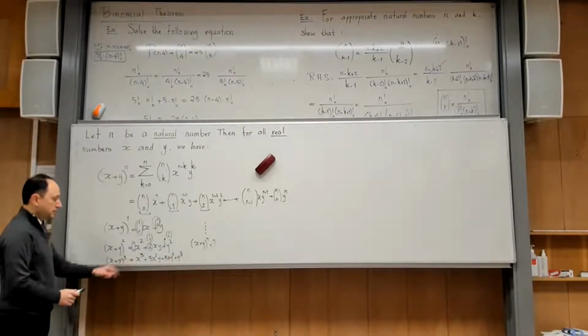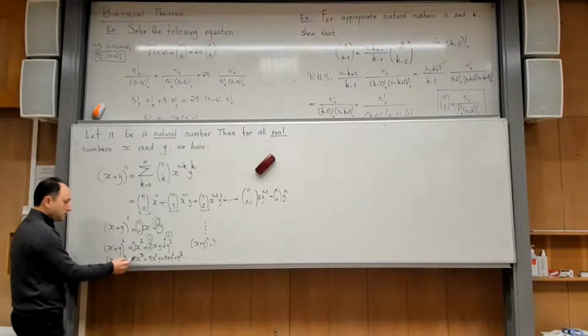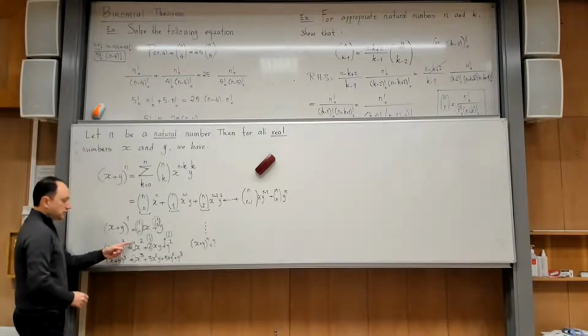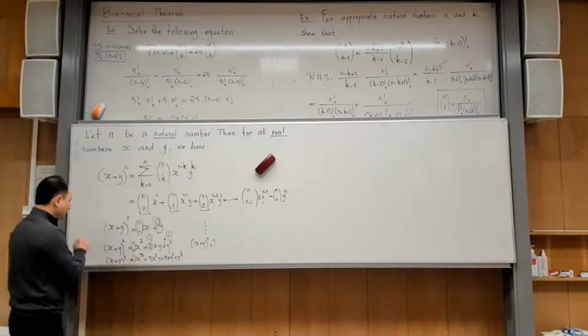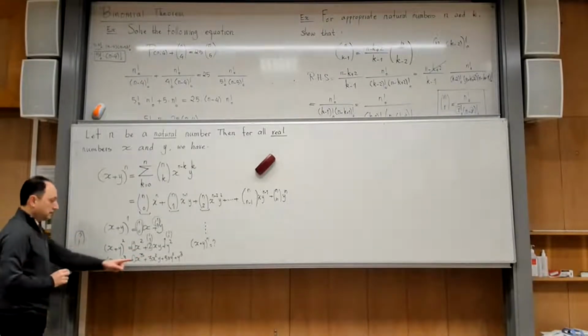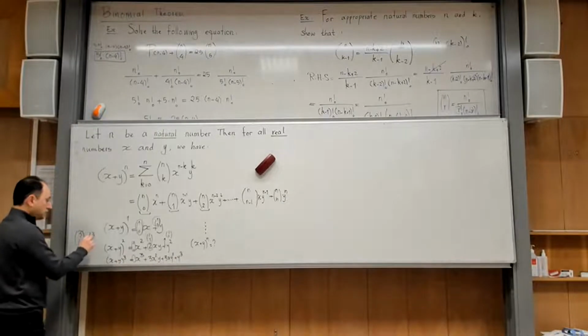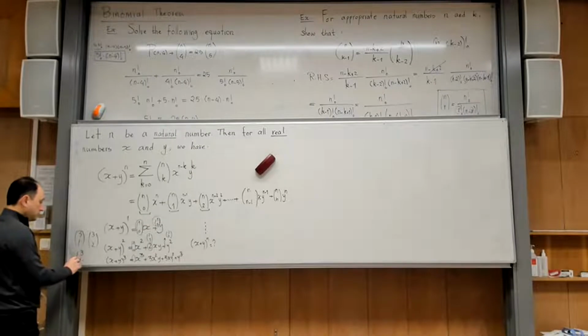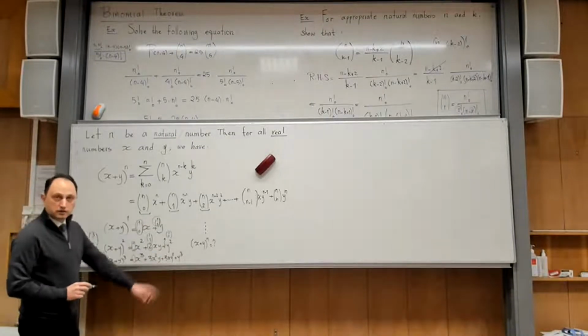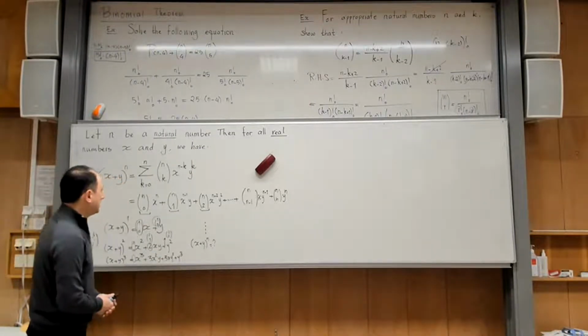For example, in this case, this number is 3 choose 0. If you calculate 3 choose 1, you will get 3. If you calculate 3 choose 2, you will get 3. If you calculate 3 choose 3, you will get 1. That is the idea.